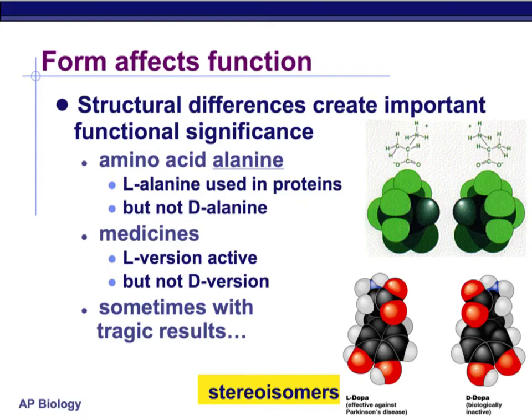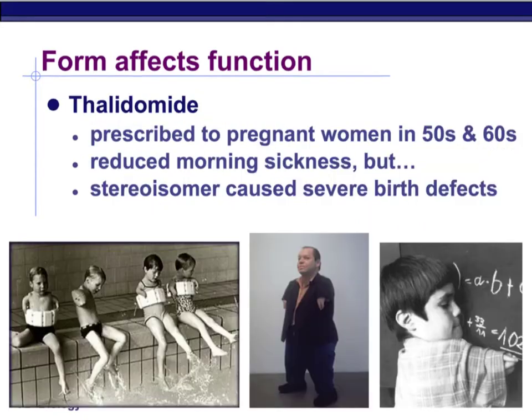So let me show you how it can get real sticky real fast. In the 1950s and 60s, a drug called thalidomide was prescribed to pregnant women. It helped to reduce morning sickness, so everyone felt better. But the issue was it was a stereoisomer for the same alanine that we were talking about. The results were some very severe birth defects.